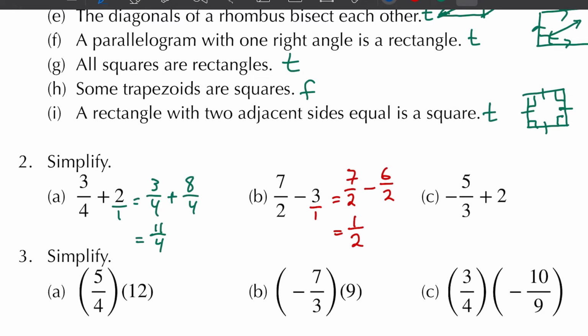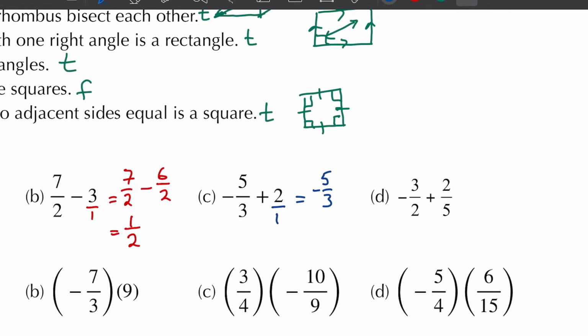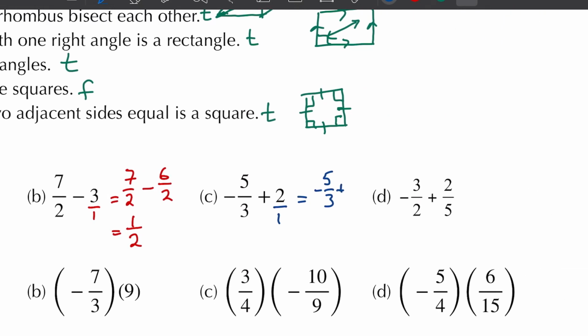Negative 5 over 3 plus 2, that's 2 over 1. So it's going to be negative 5 over 3 plus 6 over 3, which is equal to 1 over 3. Last one. These both have a denominator, so we have to find the least common multiple of 2 and 5, and that's 10.